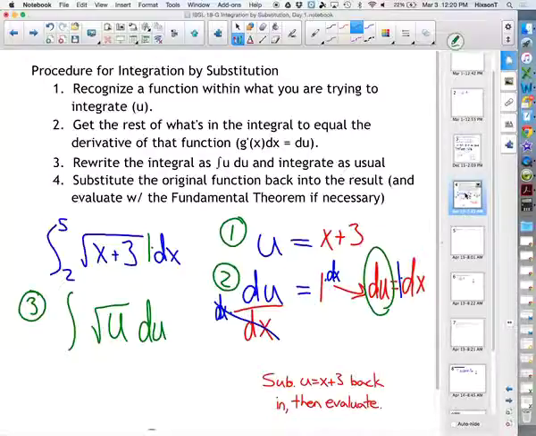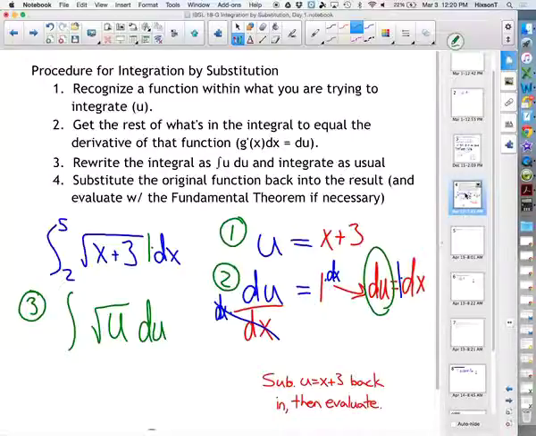Now, you'll notice at this point, I'm not going to bother writing the 2 and 5 here. This is just to protect myself from making a mistake. What are we substituting 2 and 5 in for, eventually? It's a definite integral.